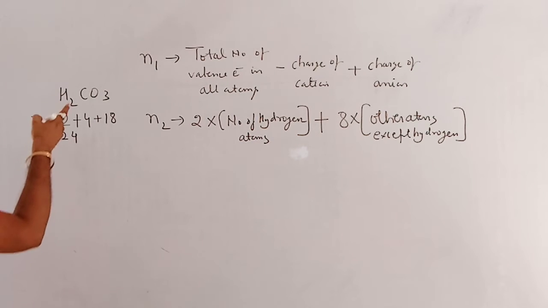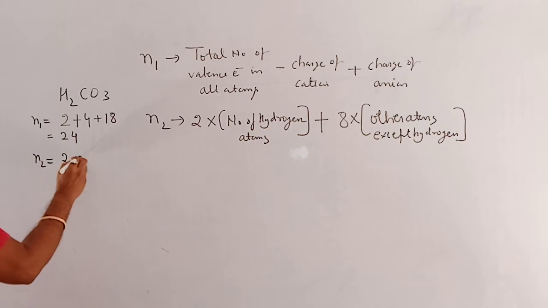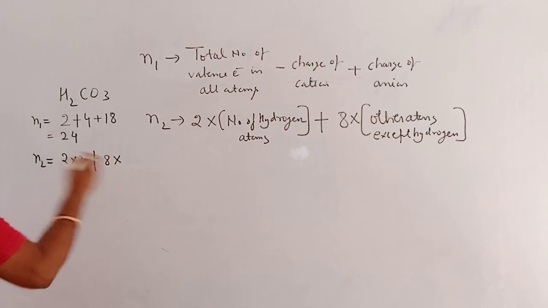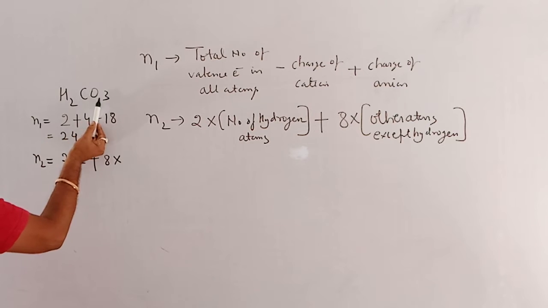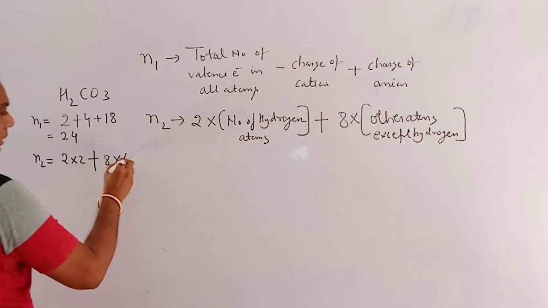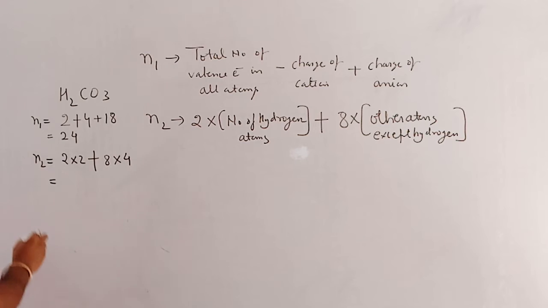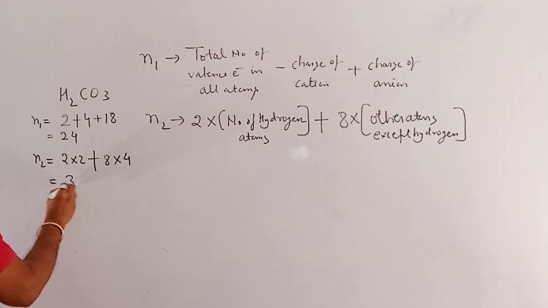So in case of H2CO3, the value of N2 will be 2 into the number of H atoms, which is 2, plus 8 into other atoms except hydrogen. There are 3 atoms of oxygen and 1 atom of carbon, so the total number of atoms is 4. So in case of H2CO3, N2 will be 32 plus 4, which is 36.